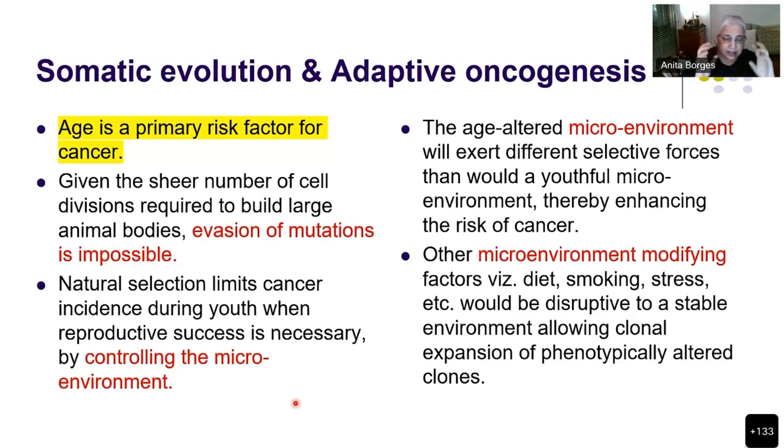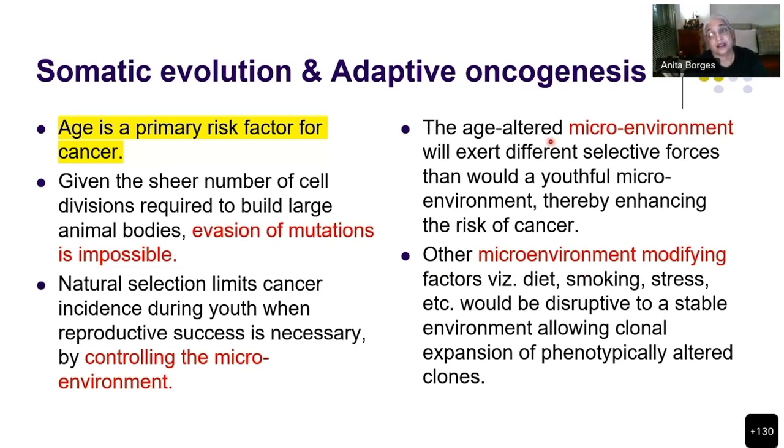All the cells that are likely to cause problems are eliminated. When we are young, what nature wants is reproduction to occur. Once the age for reproduction is past, nature doesn't care whether you live or die.